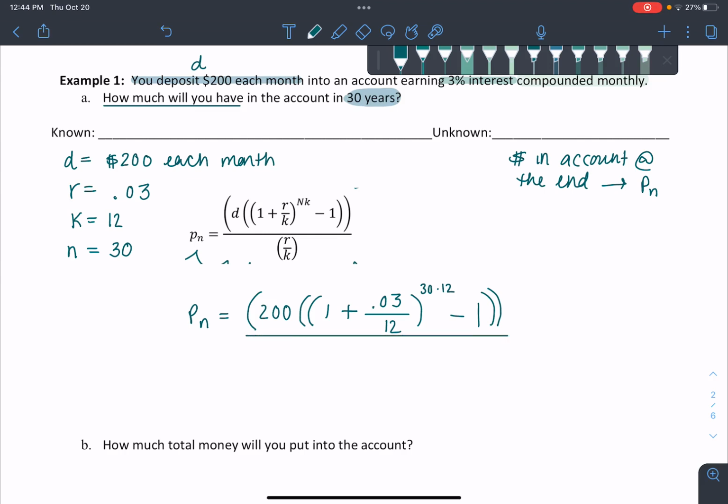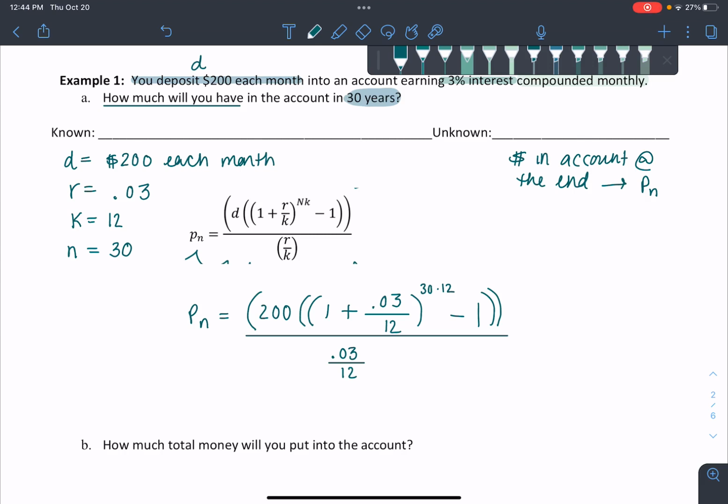And then we have on the bottom there r over k. So that's 0.03 over 12.